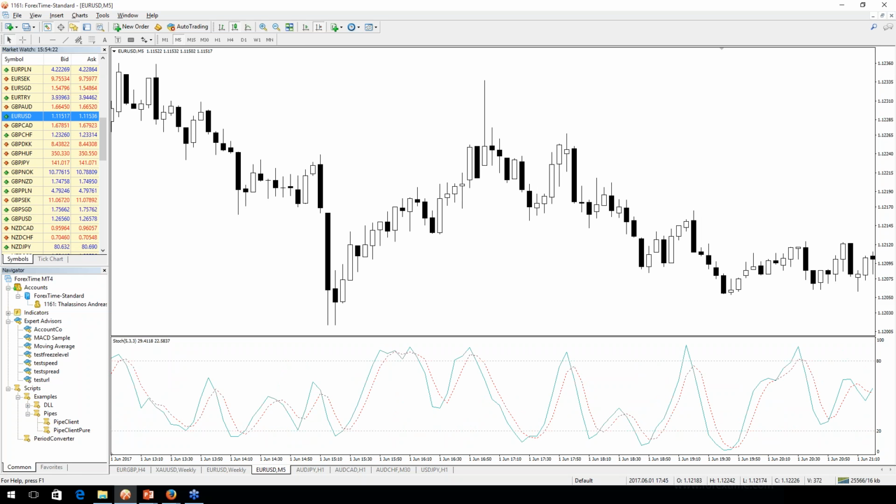What about this guy here? Is it too long? Perhaps this shadow is too long, but I know that some of you will experiment with that, and you see that this shooting star has been filtered by stochastics being overbought, and then what happened?